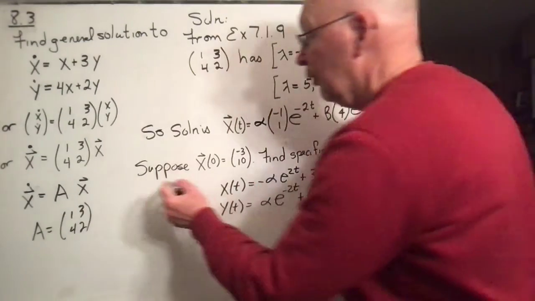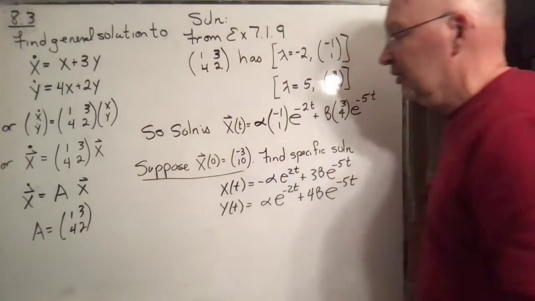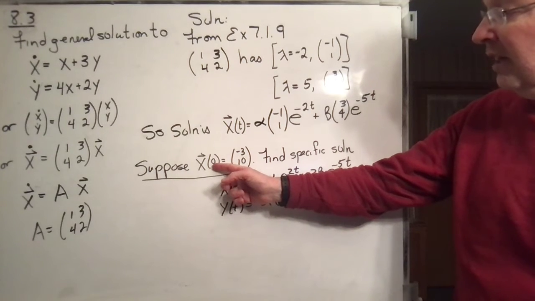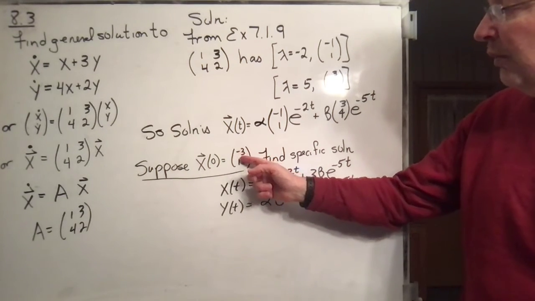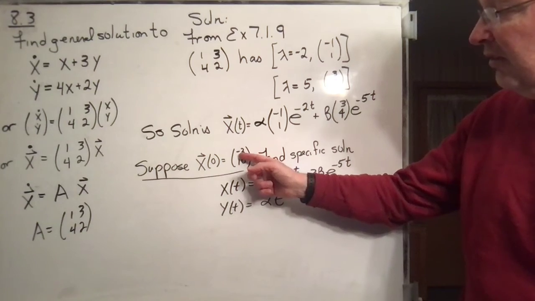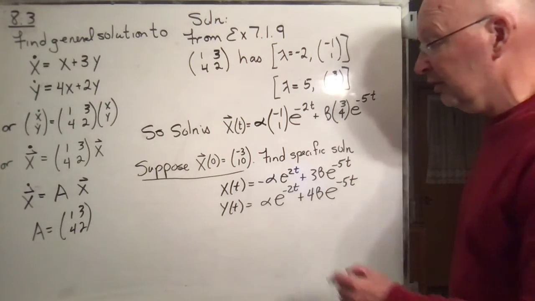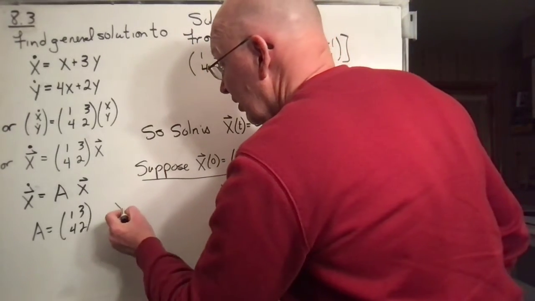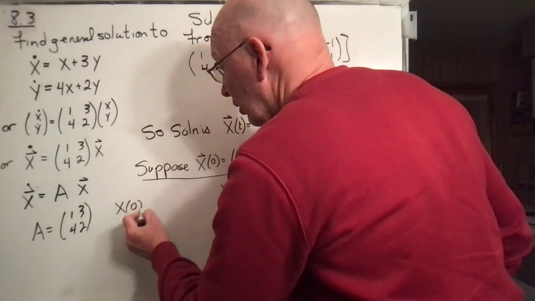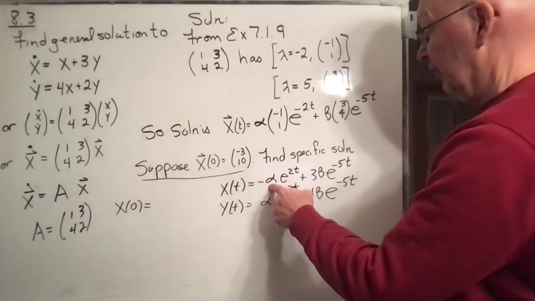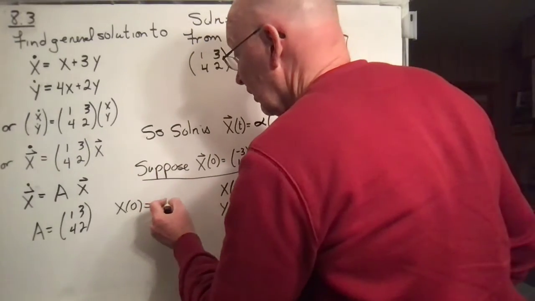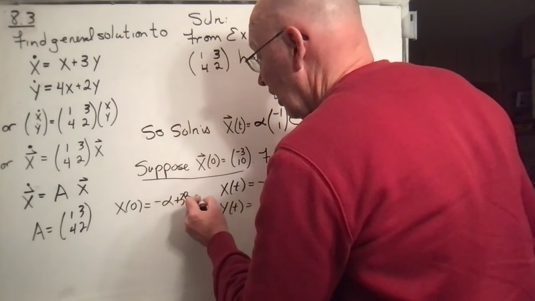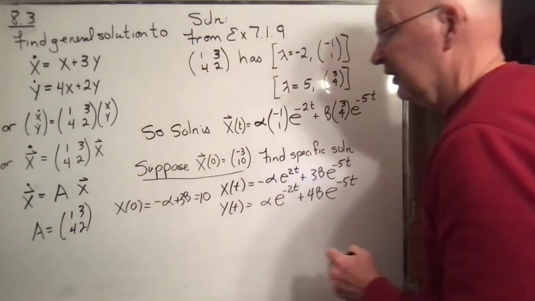So then what if you want a specific solution which satisfies that, so that at time equal to 0, the value of the function is (-3, 10)? Well, then all you do is you stick in 0, and you're going to get x of 0 is equal to -alpha plus 3 beta, and that's got to be equal to -3.